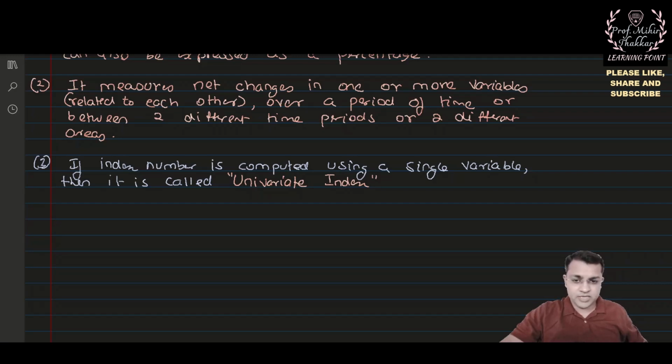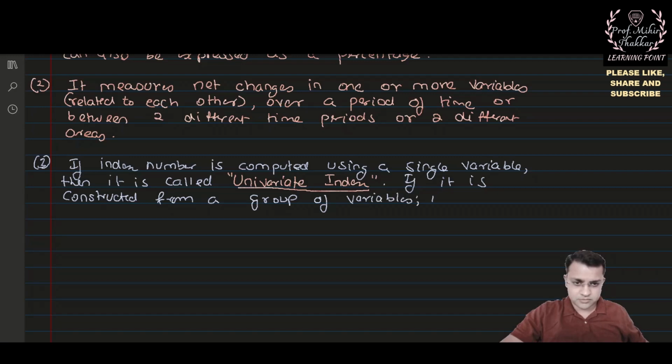So univariate means single variable, so it is single variable index. If it is constructed or computed from a group of variables, it is called composite index.